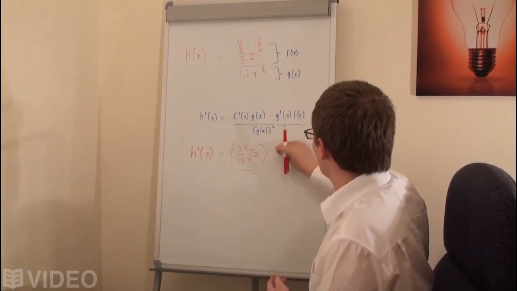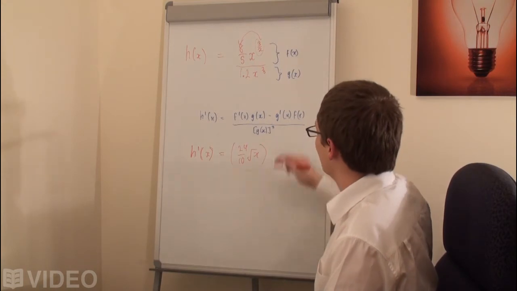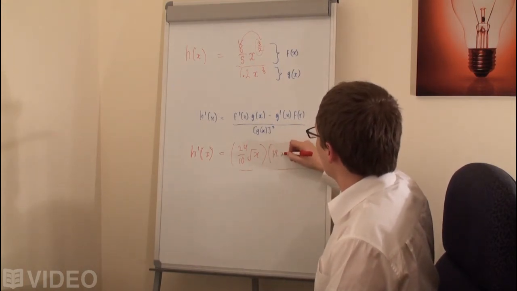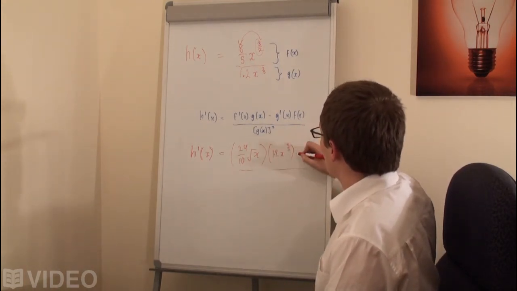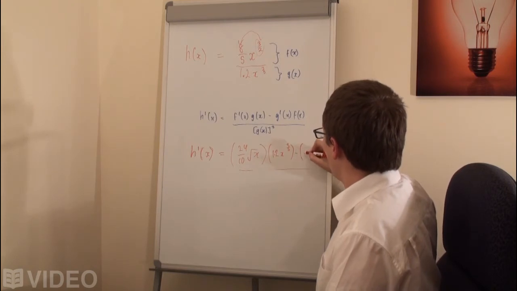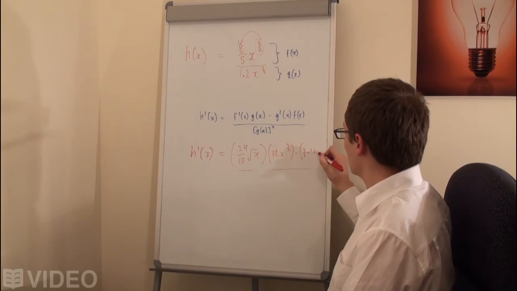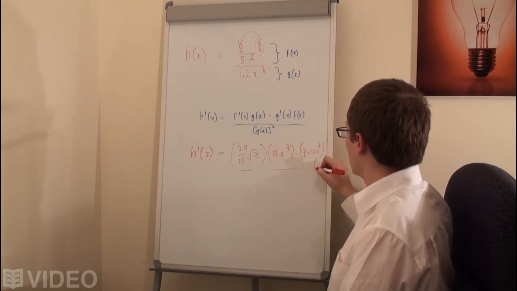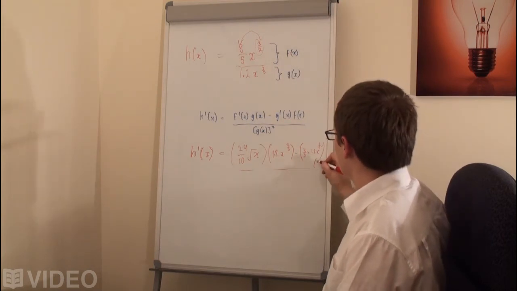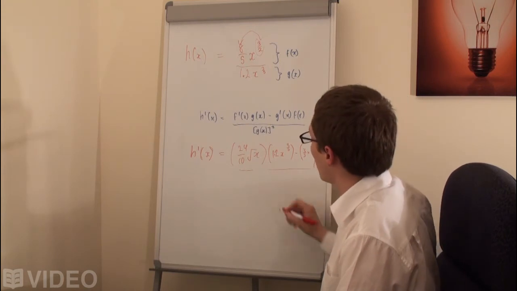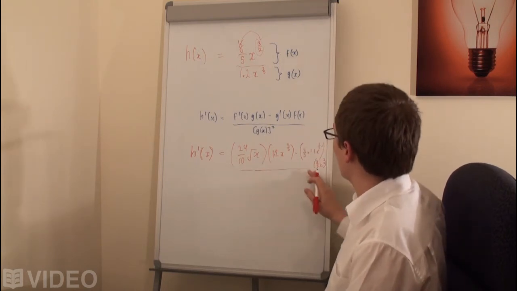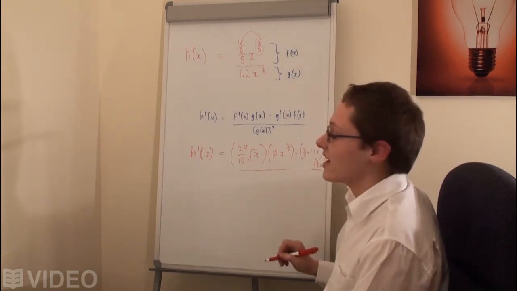Then we continue on. I just need a bit more space. So we get 1.2x to the 3 on 5, and then we simply take, again, 3 on 5 multiplied by 1.2, x to the 3 on 5 take 1, and then we have the f of x as is, 8 on 5, x to the 3 on 2. Can't quite just fit it in, but hopefully you get the idea that that's all in the numerator.